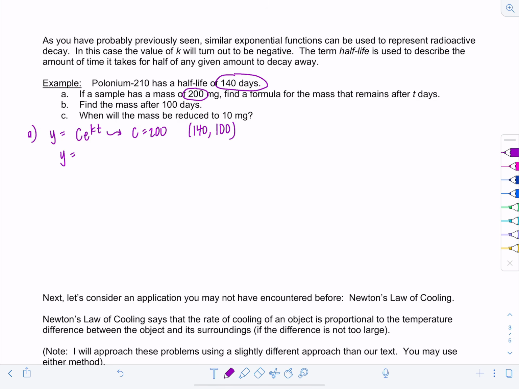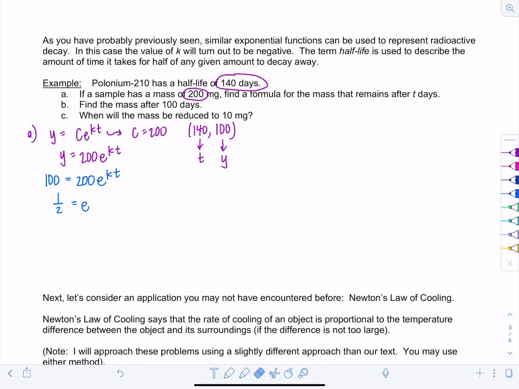All right, so let's see here. So I know y equals 200, the initial amount, times e to the kt. And I need to find k. So I'm going to substitute in 140 for t and 100 for y, just like in the last problem. So I have 100 equals 200e to the kt. Dividing both sides by 200, now we have 1/2 equals e.